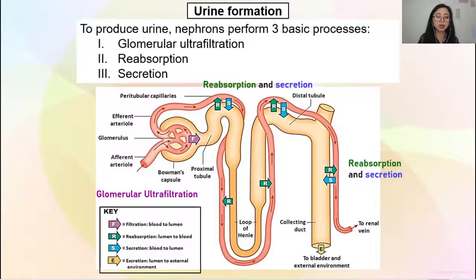There will be reabsorption in the proximal convoluted tubule, at the loop of Henle, and at the distal convoluted tubule. There will be secretion at the proximal and the distal convoluted tubule. And the collecting duct pun akan ada absorption and secretion.